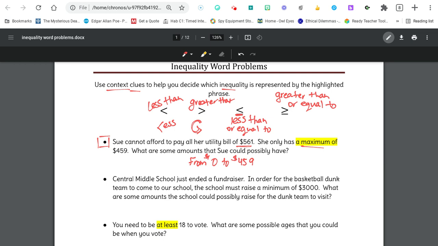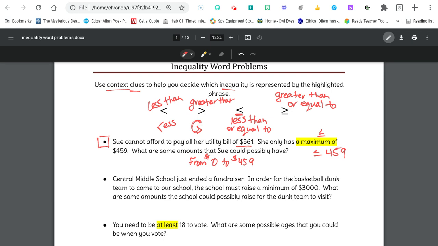So a maximum of 459 must mean she has less than or equal to $459. So a maximum of is less than or equal to. Let me make that look a little better. A lot of students think when they see maximum in any situation, the maximum means greater than or equal to.